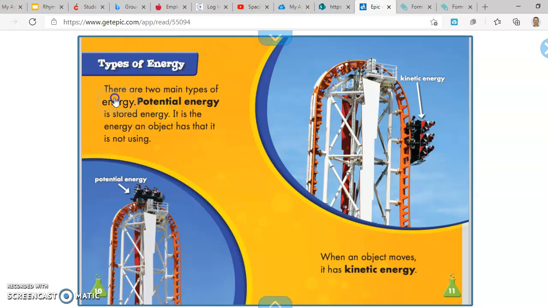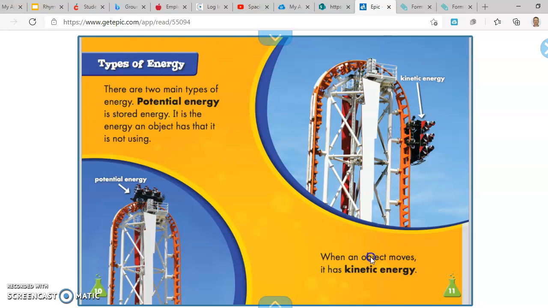Types of energy. There are two main types of energy. Potential energy is stored energy. It is the energy an object has that it is not using. So there's potential energy right up here when this roller coaster is at the top of the hill.